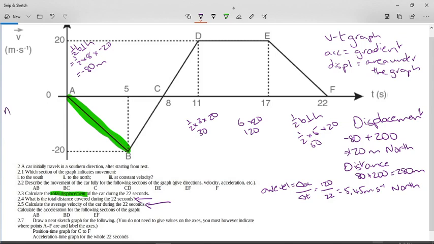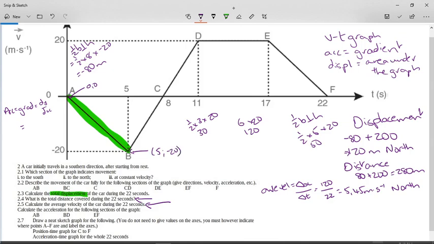So we need to state that acceleration is the gradient, and then we use some form of the gradient formula, dy over dx. And now we are going to substitute in values from the graph. So this point over here is 0, 0, and this point over here is 5, negative 20.